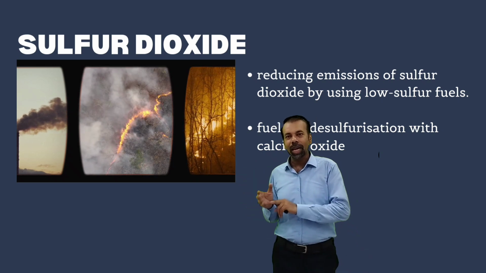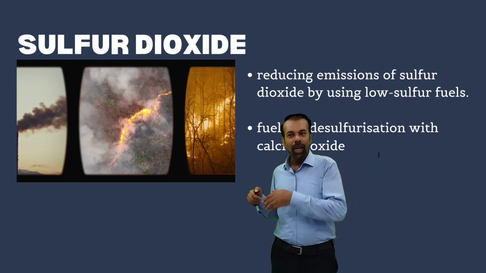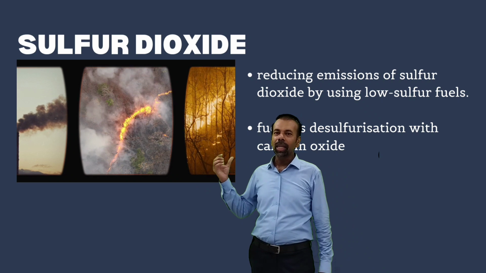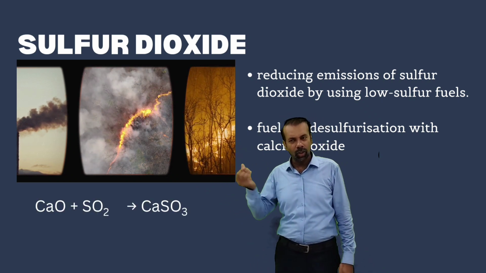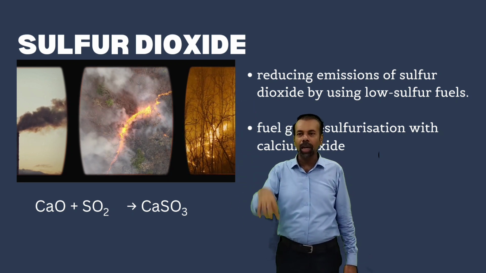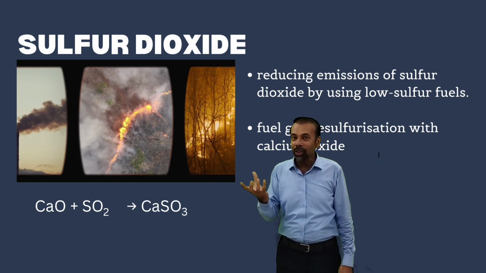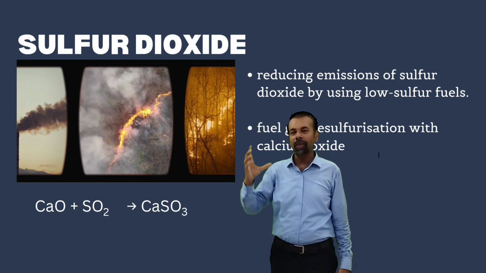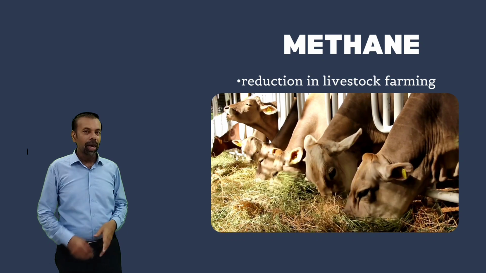This calcium oxide reacts with sulfur dioxide, which is being produced in the chimneys, and they form calcium sulfite, a solid powder which trickles down. So we can reduce SO2. We have removed SO2 going to the upper atmosphere, and we have converted that SO2 into calcium sulfite.